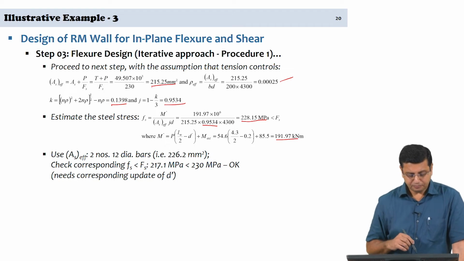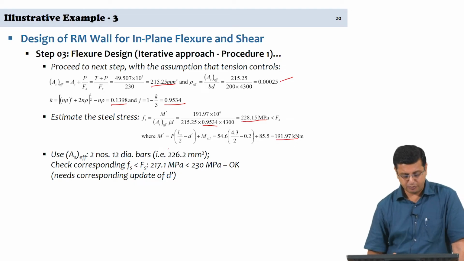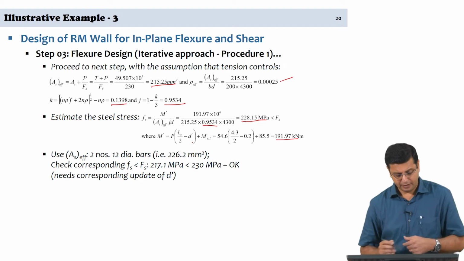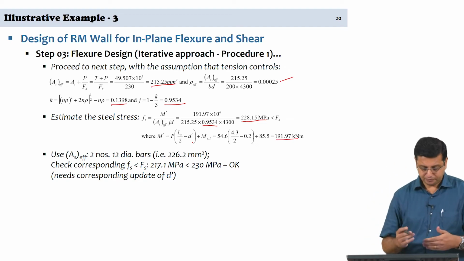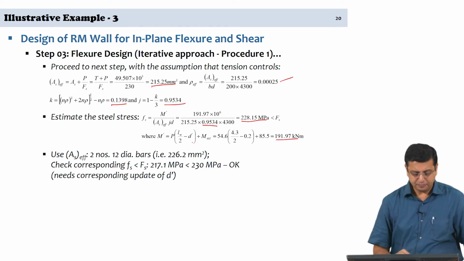Now, we can use two numbers of 12 mm diameter bars to achieve this As effective here, which is 215.25 millimeter square. Of course, the estimate of As effective was an initial estimate. We can revise that.